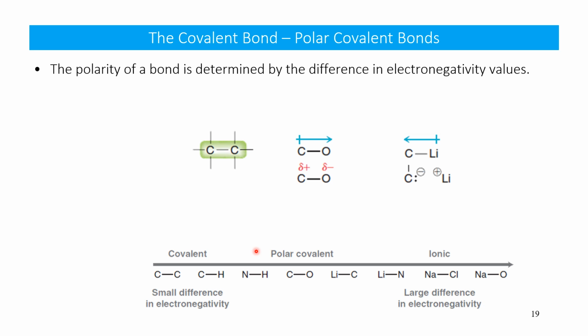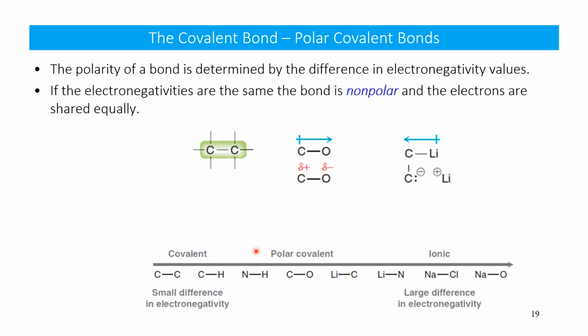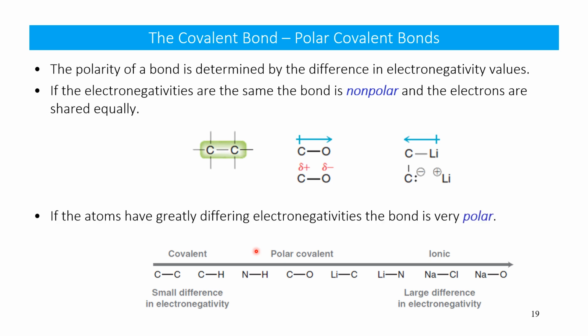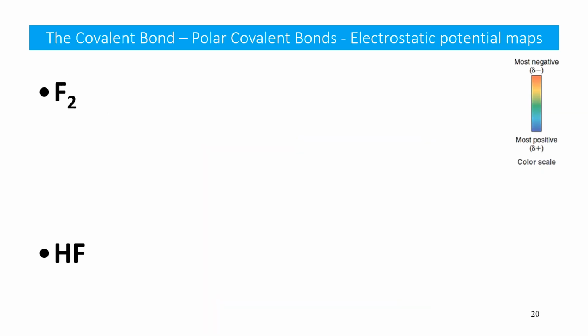And we can state that a nonpolar bond is because the electrons are shared equally. Now, if the atoms have greatly differing electronegativity, then of course the species is very polar, equal to an ionic species. We can further indicate the nature of the covalent bond by using electrostatic maps.